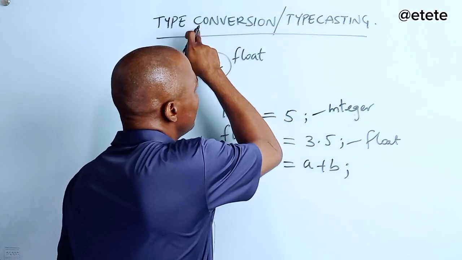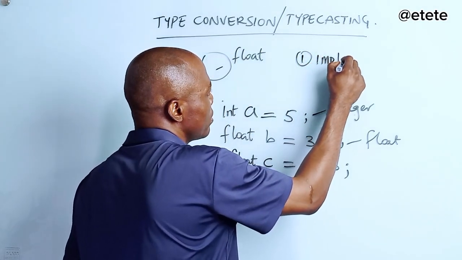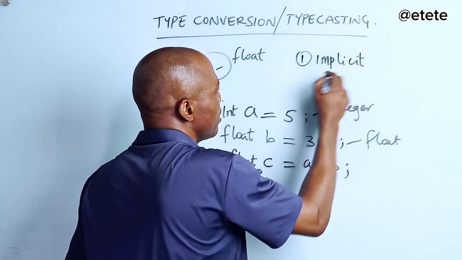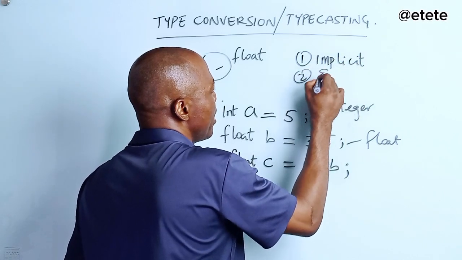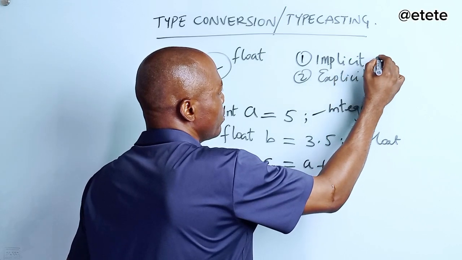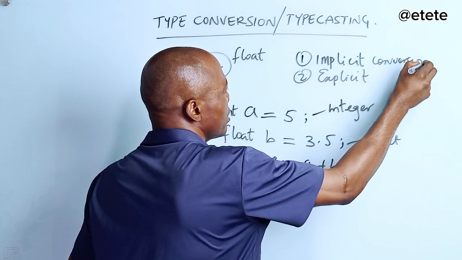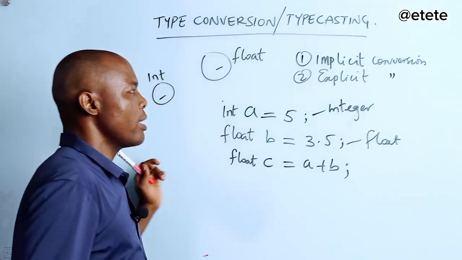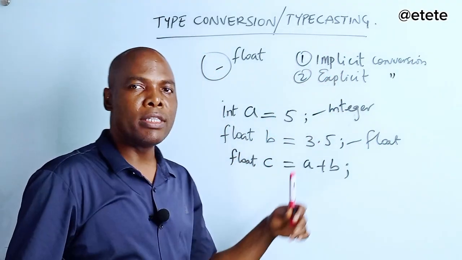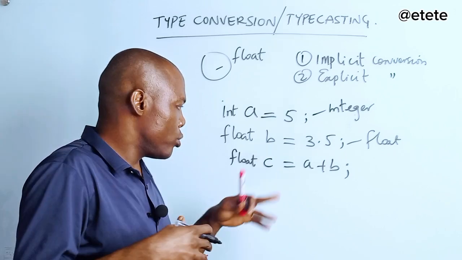Now, if this return type is going to be float, it means the compiler will implicitly convert. There are two types of type conversion. One is implicit conversion, and then explicit conversion. Now, this implicit one is where the compiler will internally do that conversion.